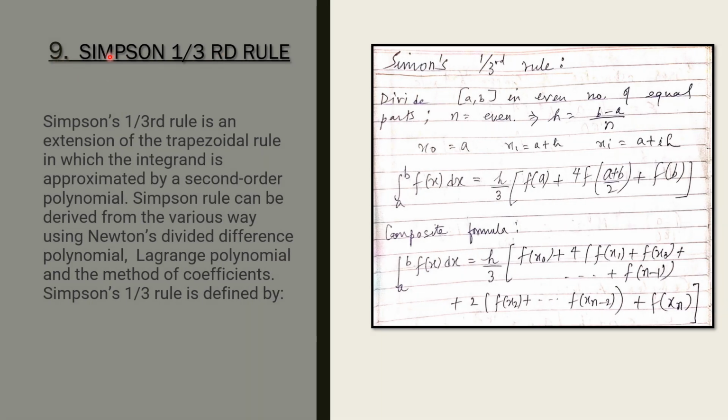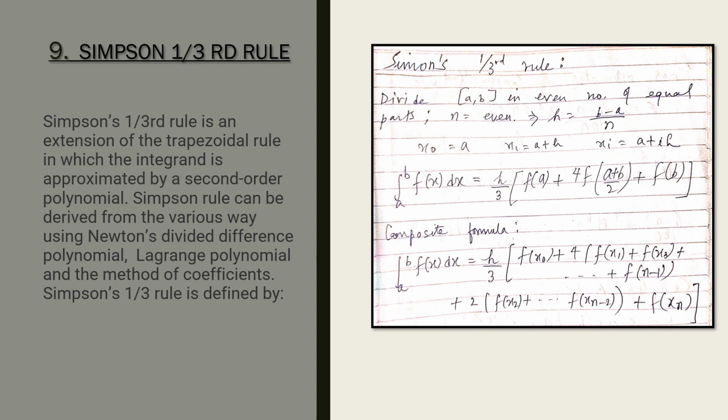Okay, so let's discuss Simpson's 1 by 3 rule. It is basically an extension of the trapezoidal rule in which the integrand is approximated by a second order polynomial. So basically the approach is this: the a to b will be given in the question, like the integration of f(x) dx from a to b.